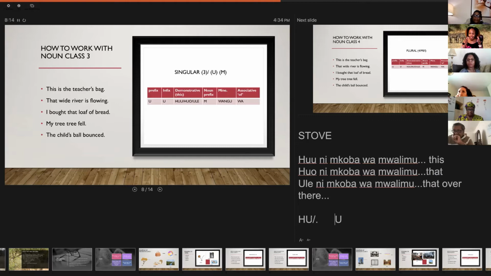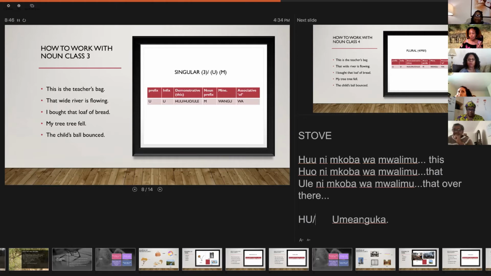So if you learn your demonstratives, that means you've technically learned your subject prefixes and you've learned your object infixes. Wow. Just because you can split it into two and get that. See, so mkoba umeanguka, just like that, just because you learned how to do the demonstratives. And that's why I'm always singing about it, because it holds the key to everything, and you just need to learn one thing and then you can use it for everything else.